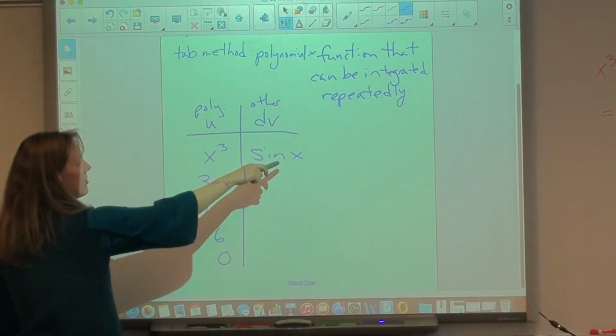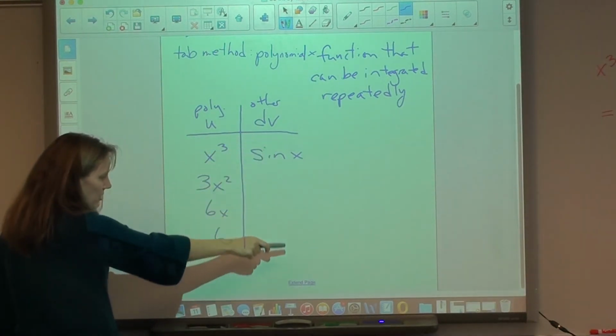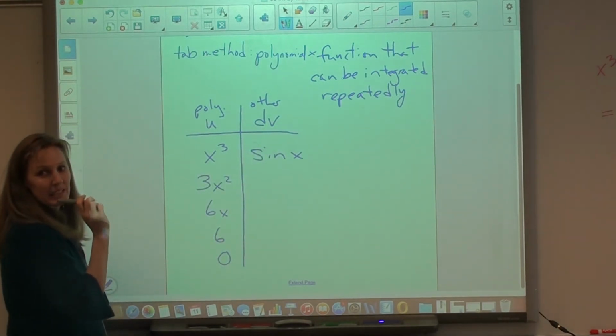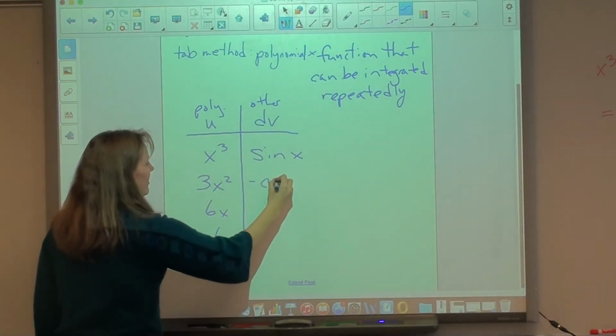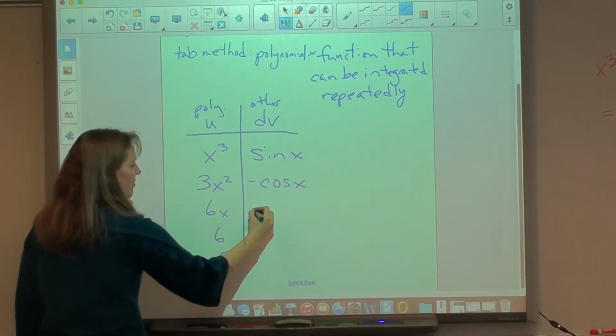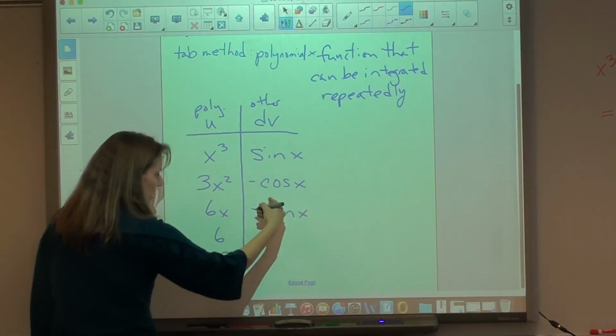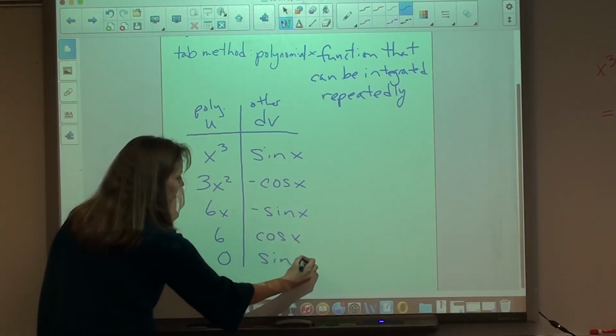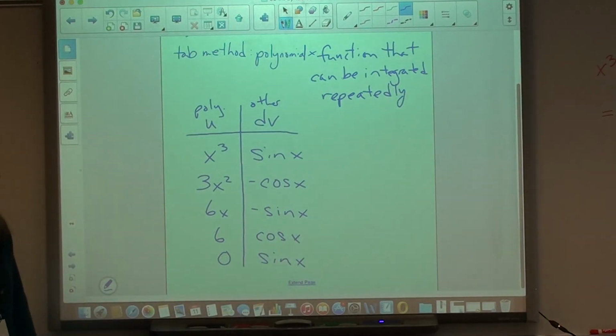You take the other function and you integrate it until you're lined up with the 0. What's the antiderivative of sine? Negative cosine. So then you'd have negative sine, cosine, so then you'd have cosine, and then you'd have sine.